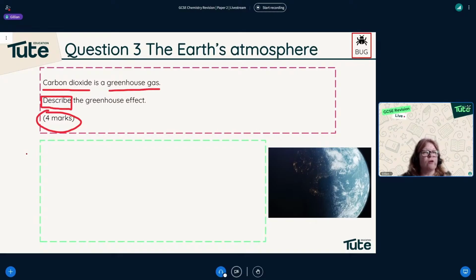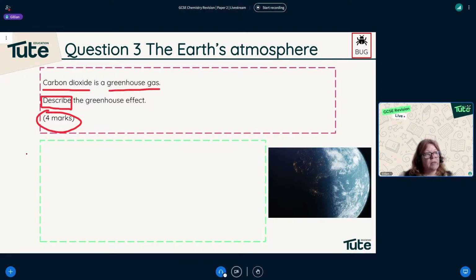When you're asked to describe something, you may be asked to recall some facts, which is what we're going to be doing in a minute. It could be an event or a process in an accurate way. When you're explaining, you should make something clear and you should state the reasons for something happening.